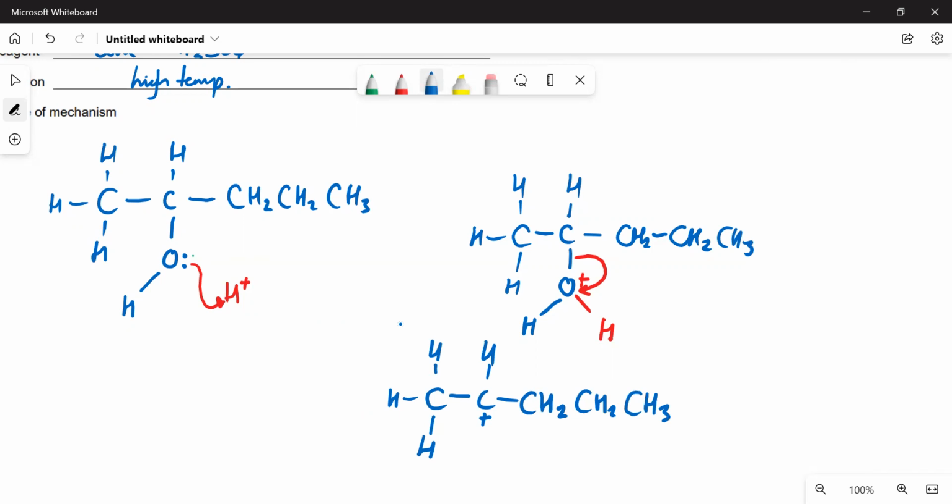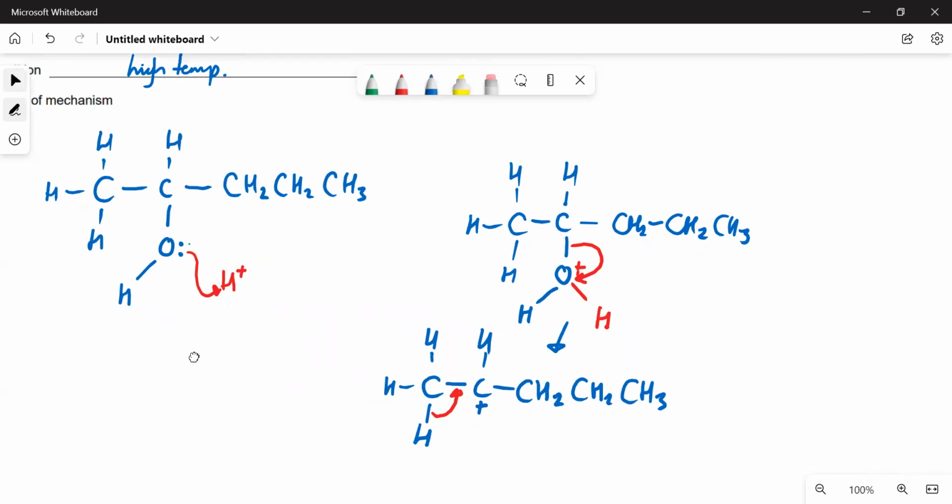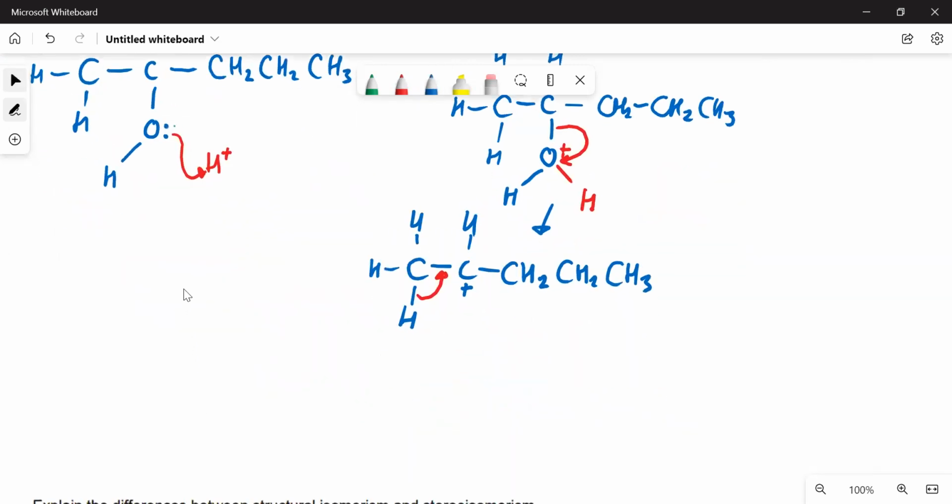And the final step is for that pair of electrons to go onto there to form the pi bond, and to form pent-1-ene as the product.